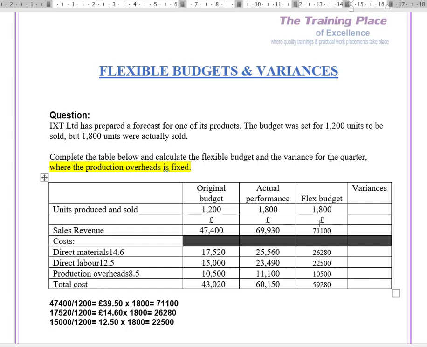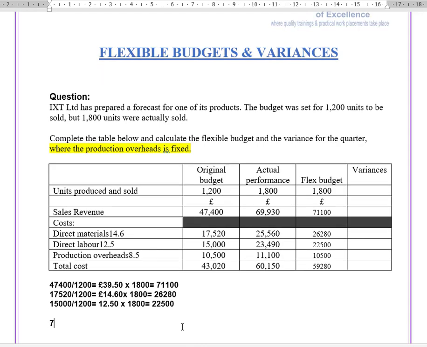So you will be expected to then deliver 71,100 minus 69,930, which should give us 1,170. And you should notice that your budget was set for £71,100, but you only attained £69,930. So that is an adverse variance.